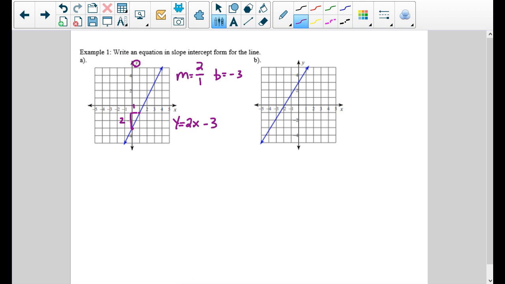Now, no double signs here, so I do not want 2x plus -3. This is not going to happen, okay? I'm going to take points off if you have it. No double signs. It's either a plus or a minus.